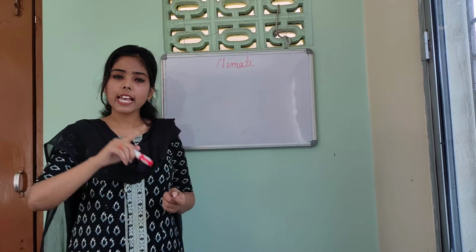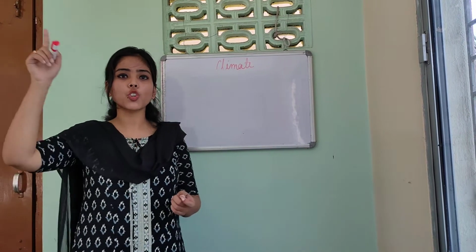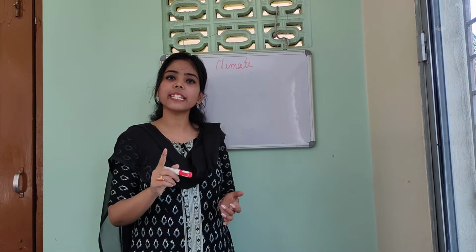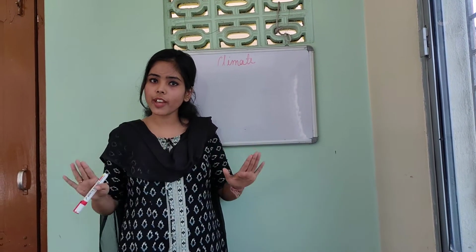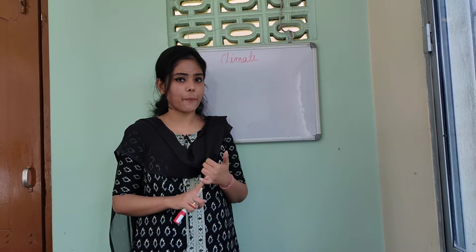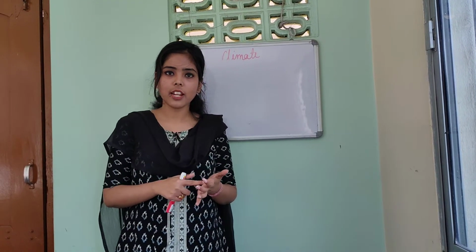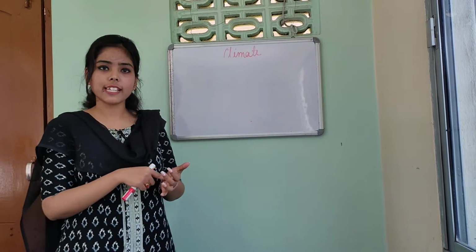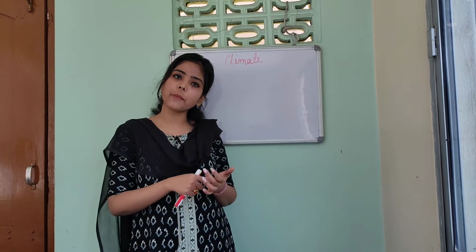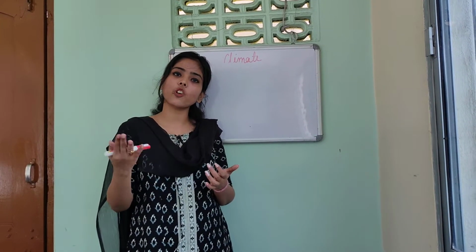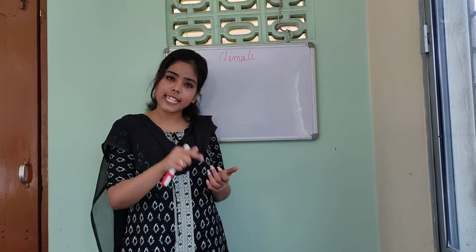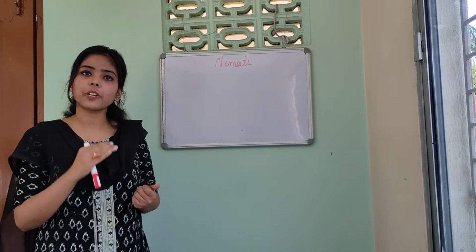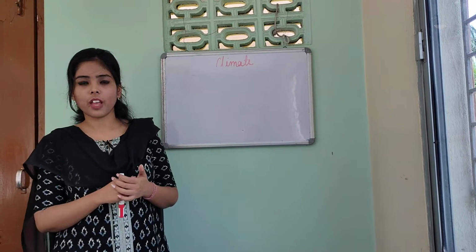Understood? As well as in summer, if you go to Darjeeling, the temperature will be 10 degrees centigrade. So everywhere the temperature is not the same. In Rajasthan, Bikaner or Jaisalmer, the temperature in the summer season is more than 40 degrees centigrade. Similarly in Ladakh, if you go, the temperature will be less than 10 degrees.